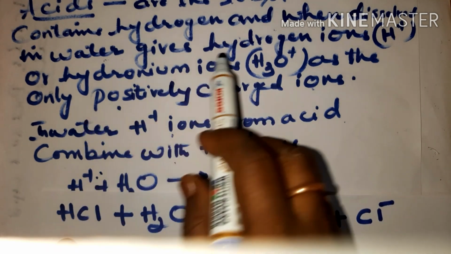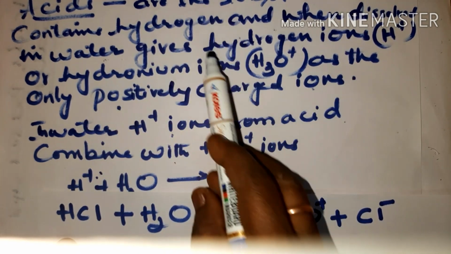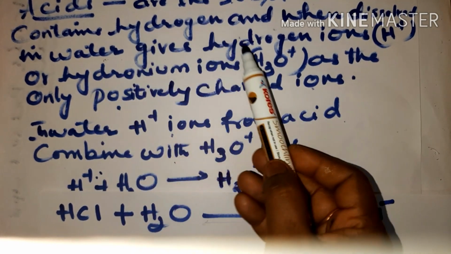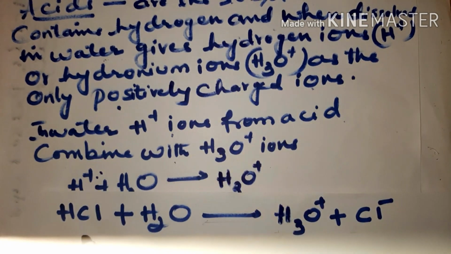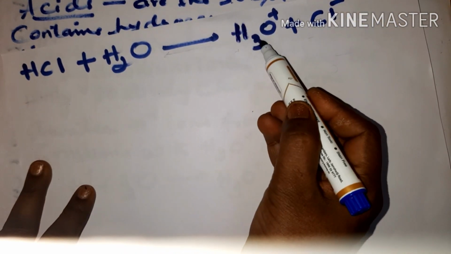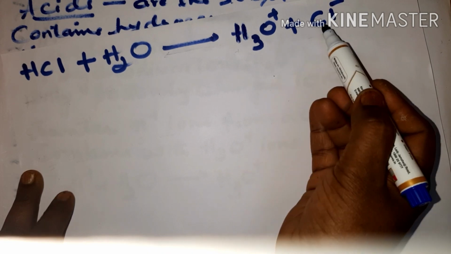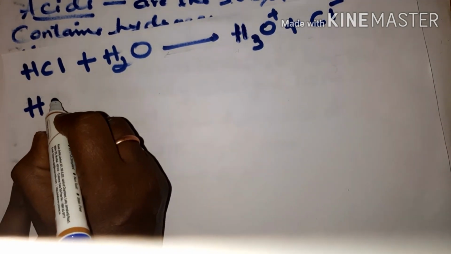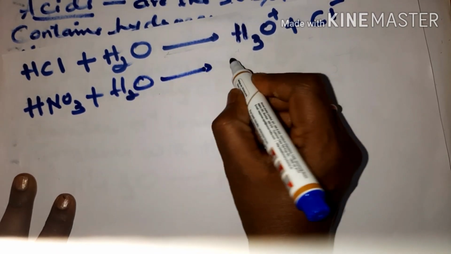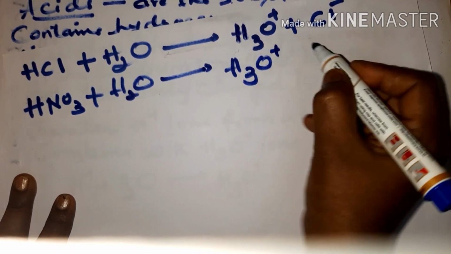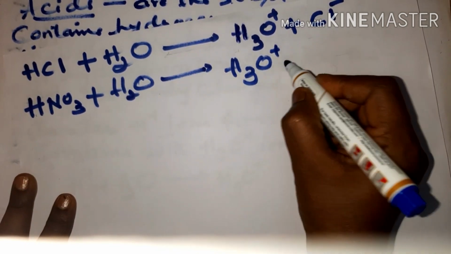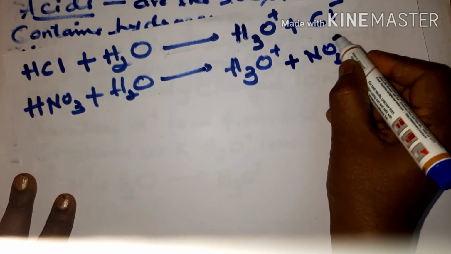Acids are the substances which contain hydrogen. All acids have hydrogen, and when dissolved in water they give hydrogen ions or hydronium ions. HCl when dissolved in water gives hydronium ion and chloride. One more example, HNO3 plus water, you get again H3O plus, hydronium ion, and NO3 minus.